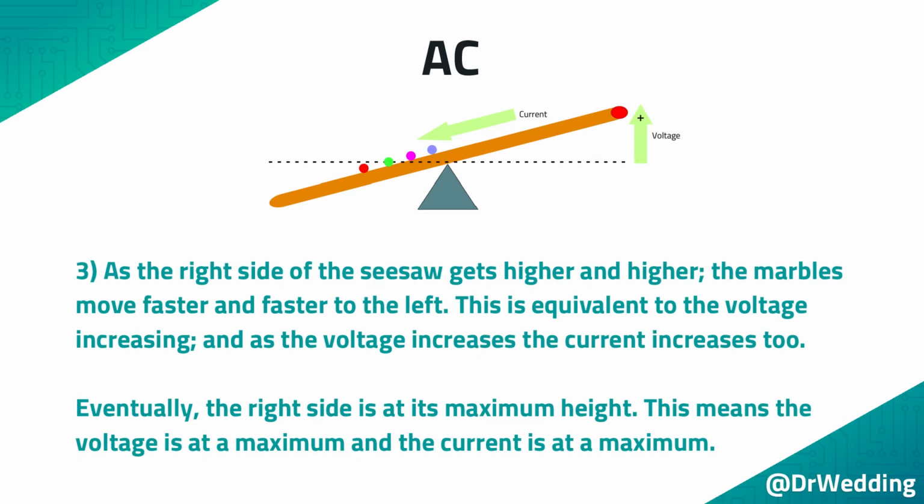As the right side of the seesaw gets higher and higher, the marbles move faster and faster to the left. This is equivalent to the voltage increasing. And as the voltage increases, the current increases too. Eventually, the right side is at its maximum height. This means the voltage is at a maximum and the current is at a maximum.